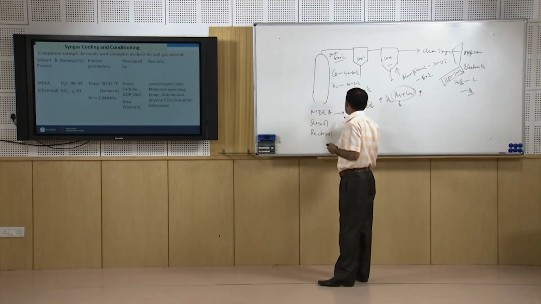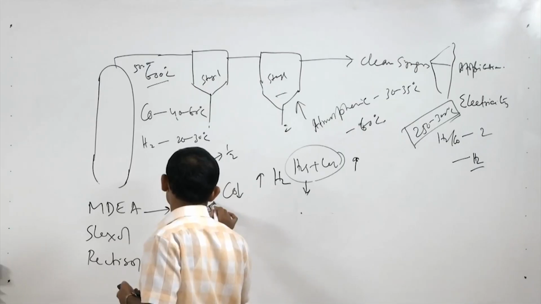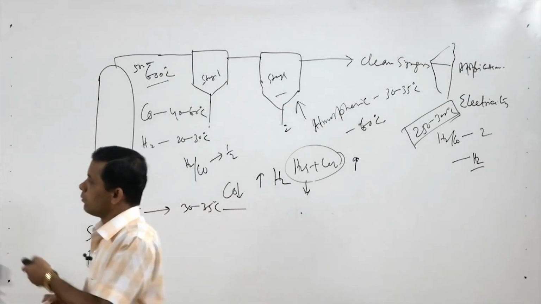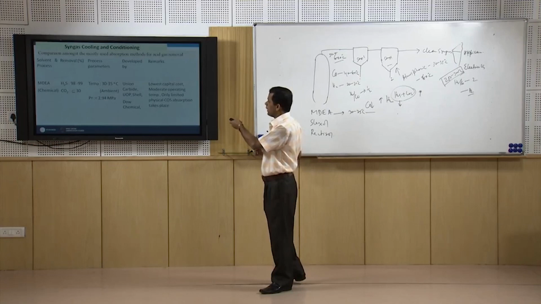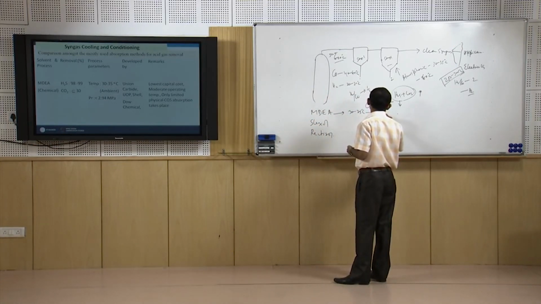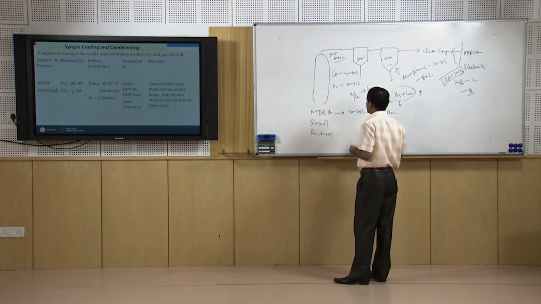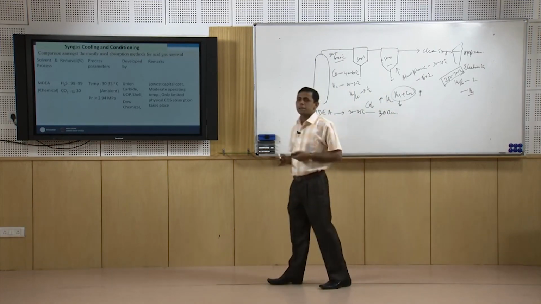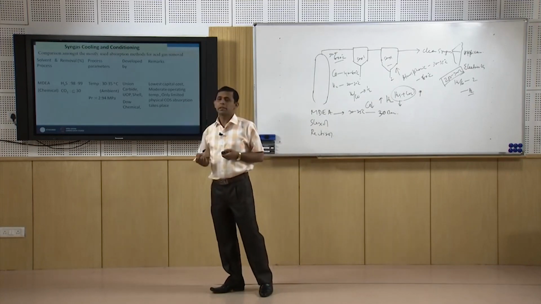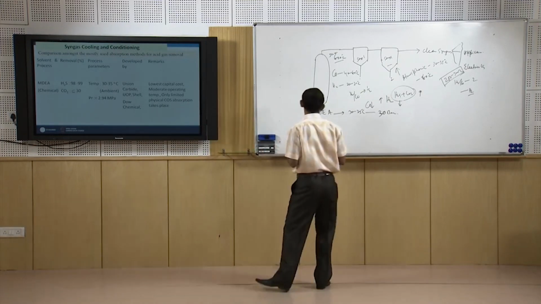So, MDEA: temperature is 30 to 35 degree centigrade and pressure is 2.94 megapascal, that is around 30 bar, and it gives 98 to 99% H2S selectivity and removal.